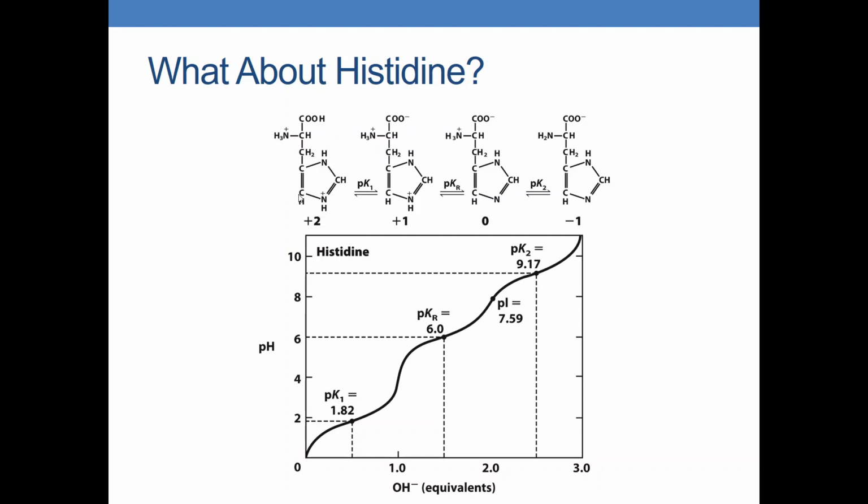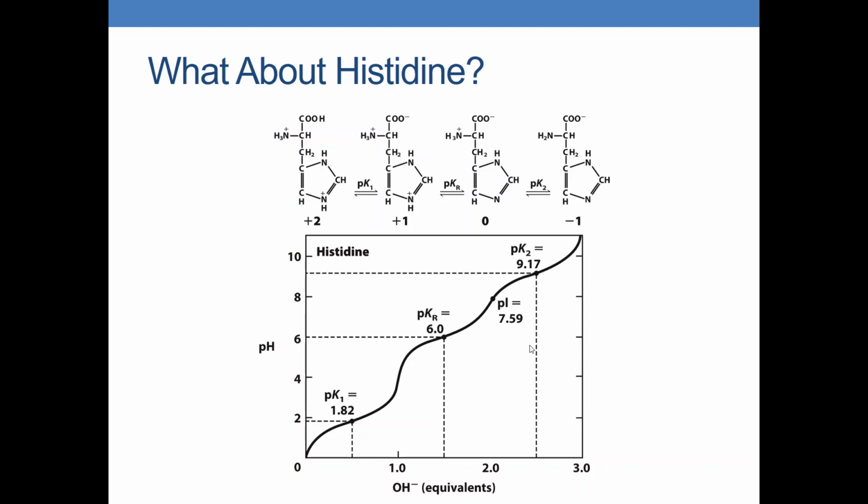So if the fully protonated species has a net charge of +2 and the next protonation state has a charge overall of +1, when my pH equals 1.82, the overall net electrical charge of my solution is going to be 1.5, the average of 2 and 1.